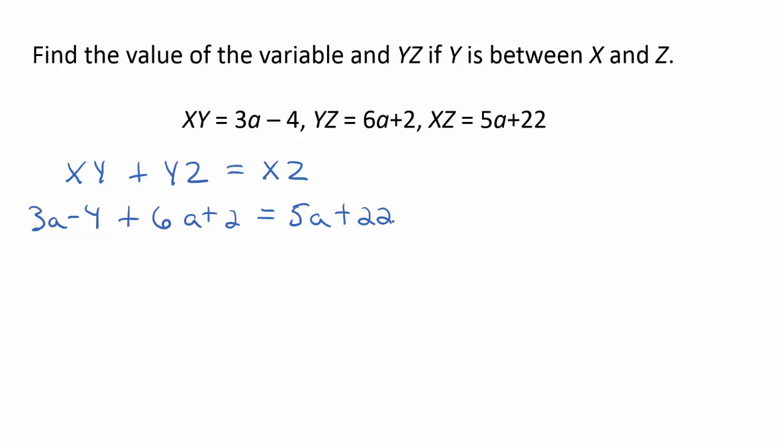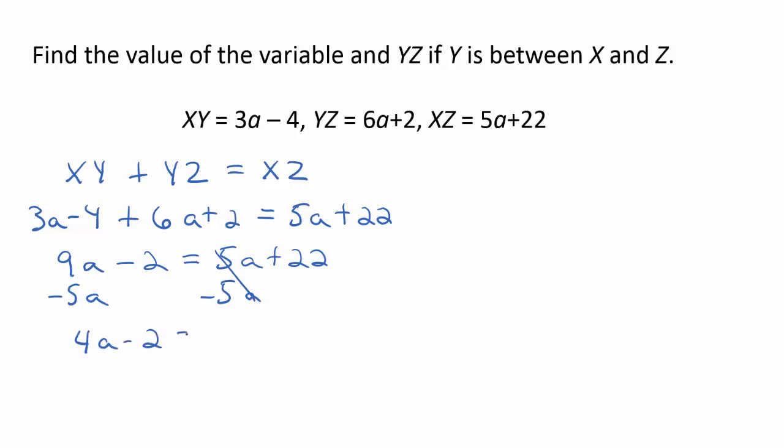On the left side of the equation, we're going to combine our like terms. 3A plus 6A equals 9A. Negative 4 plus 2 is a negative 2, so 9A minus 2 equals 5A plus 22. We're going to subtract 5A from both sides. That leaves us with 4A minus 2 equals 22.